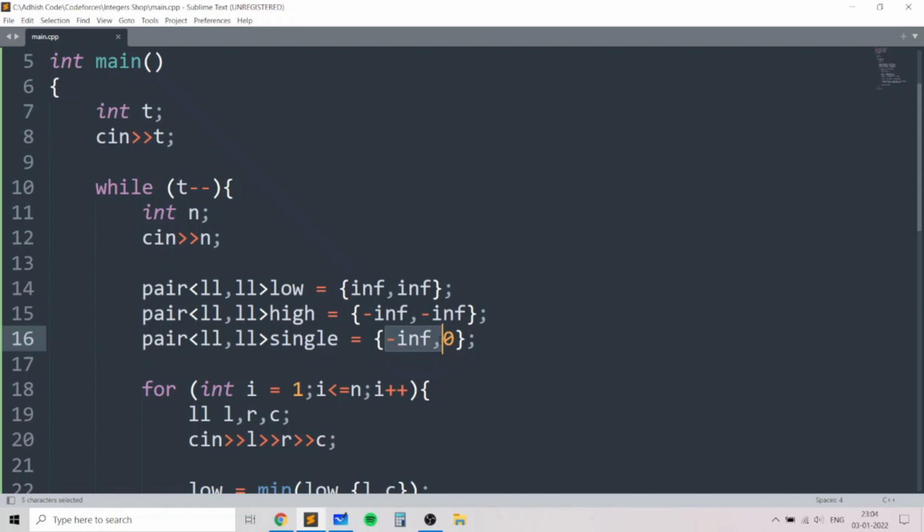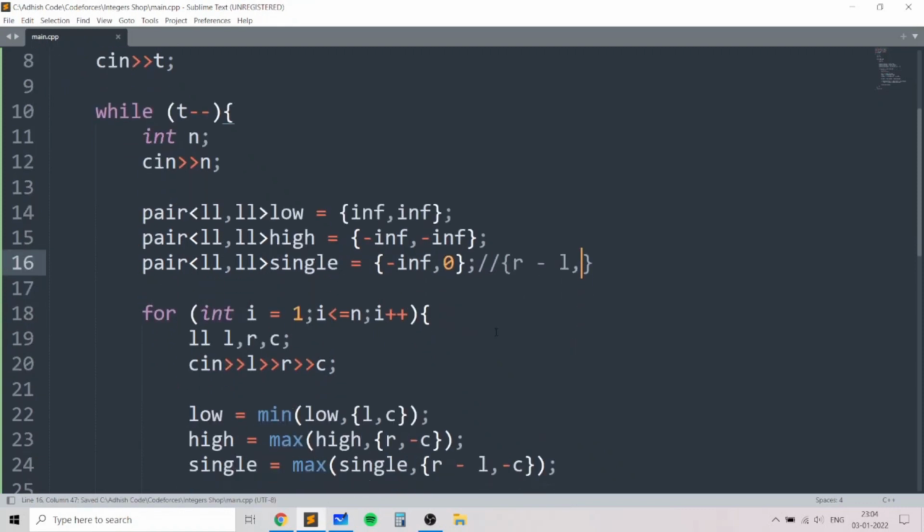And we set single to be negative infinity initially because single stores r minus l, and it also stores the maximum value of negative c, so that will be negative infinity, because we want to maximize the negative value which will minimize the positive value.